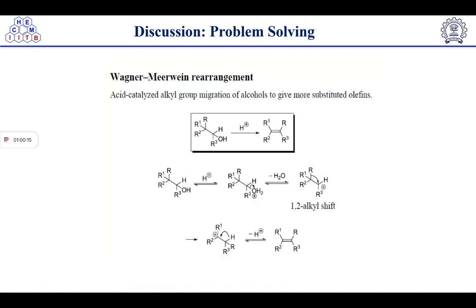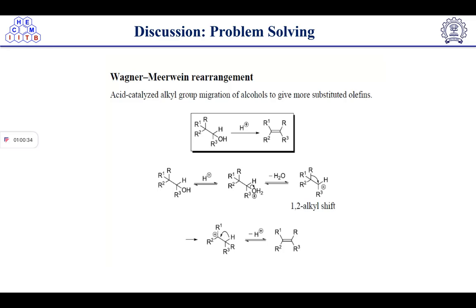Now let's move to the rearrangement reaction side. Okay, till here we have discussed the diazo salt and diazonium salt formation and mechanism reactions involving those diazonium salts. Okay, now we are going to discuss the Wagner-Meerwein rearrangement.